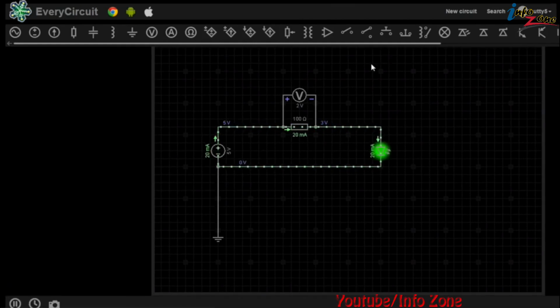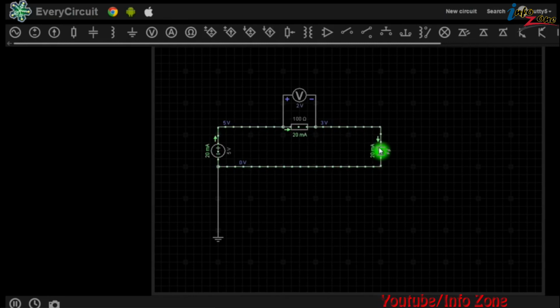So we can see now that we've got our resistor set to 100 ohms, and I've put a voltmeter across the resistor here to show that this resistor is taking the 2 volts away from the circuit and limiting the current to 20 milliamps. So now, because this resistor has taken away 2 volts from our 5 volt power source, we're left with 3 volts in our circuit, which is powering the LED, and the resistor is limiting the current to 20 milliamps.